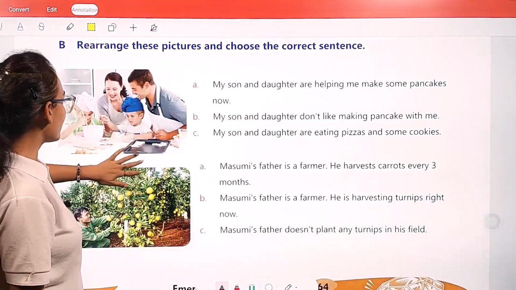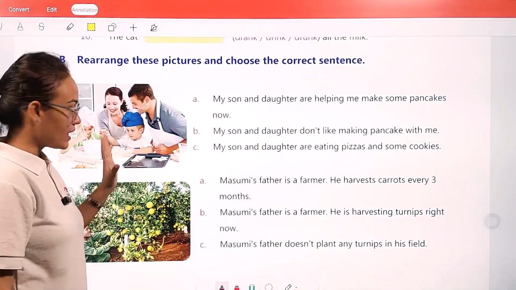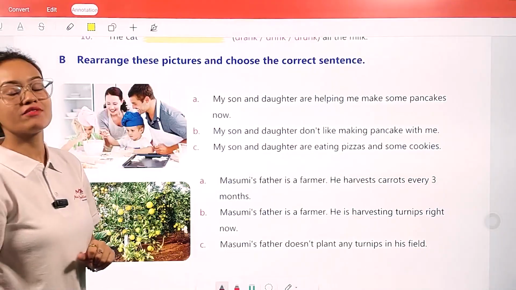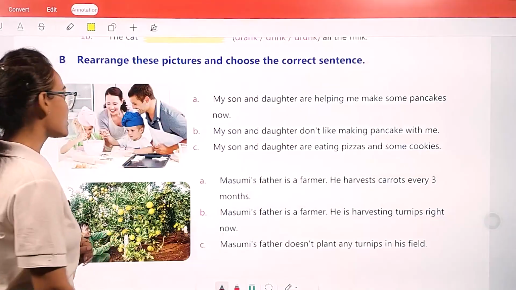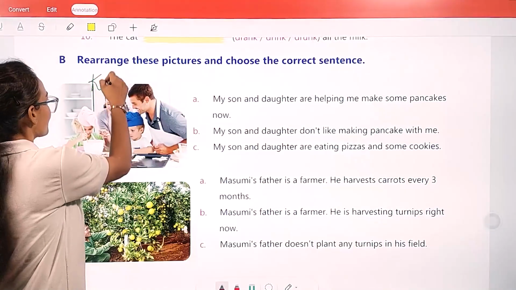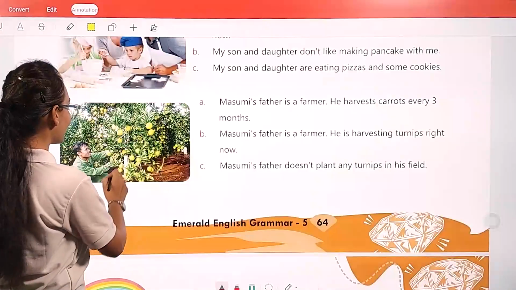Okay, my dear students, here you can see two pictures are given. Just have a close look at this picture first of all. In the first picture, what activity can you observe? This is a picture of a kitchen. And here, this is a picture of a garden.